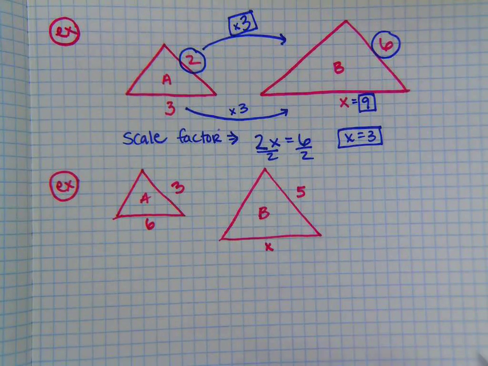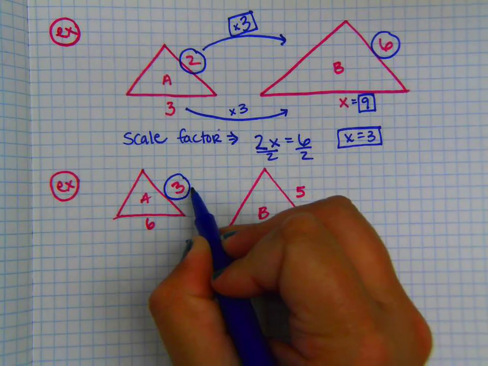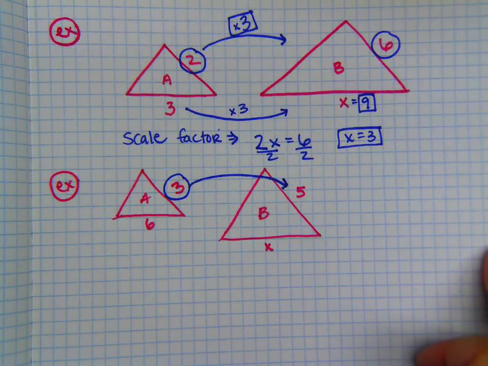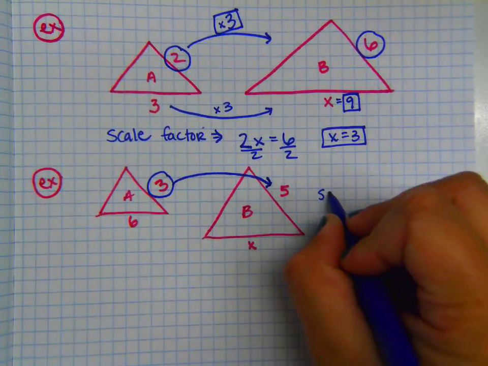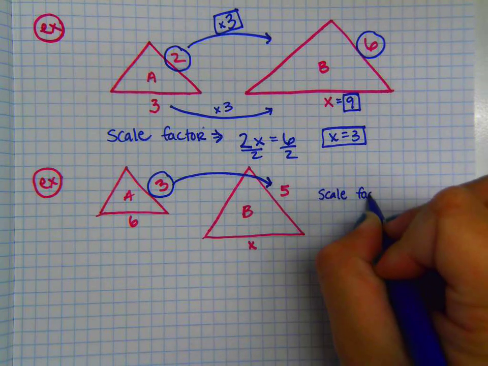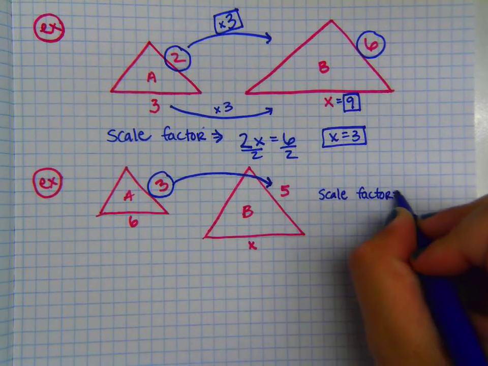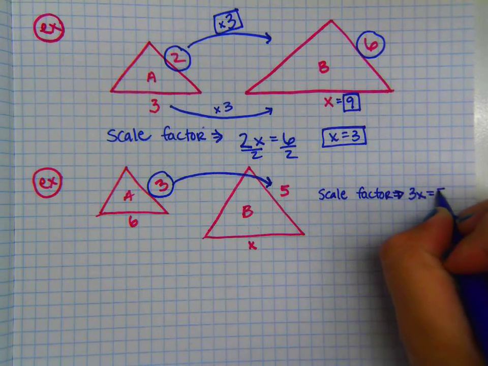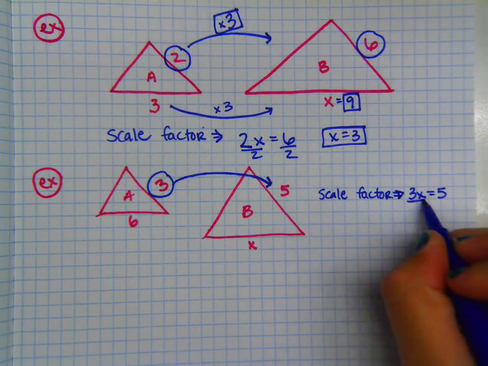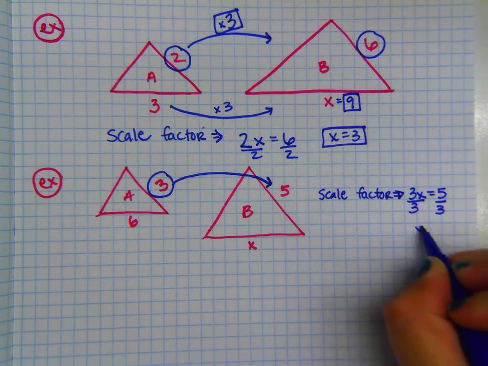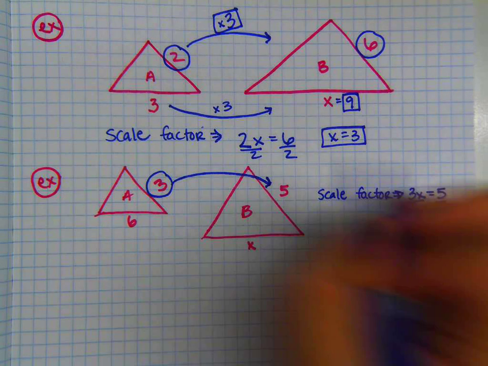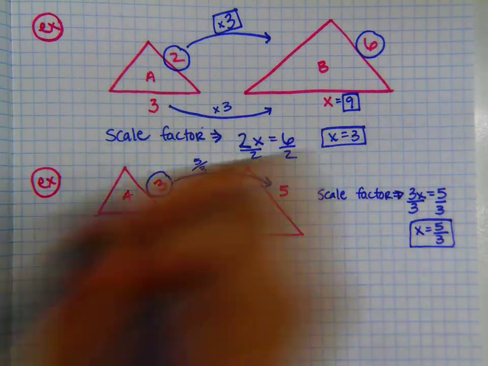Well, then 3 times something is going to give you that 5. So let's set up our equation for scale factor. The scale factor will be 3 times something equals 5. So when you solve for x, that scale factor is 5/3. So you're multiplying by 5/3.